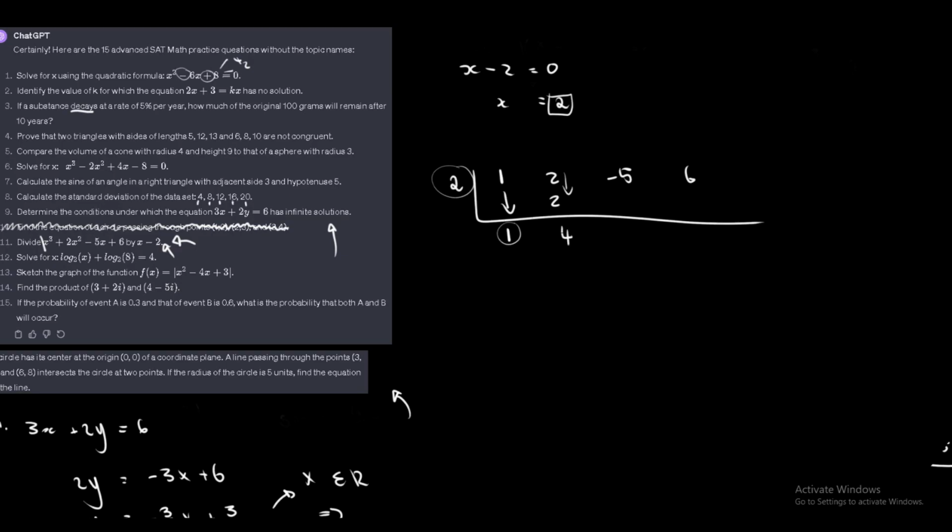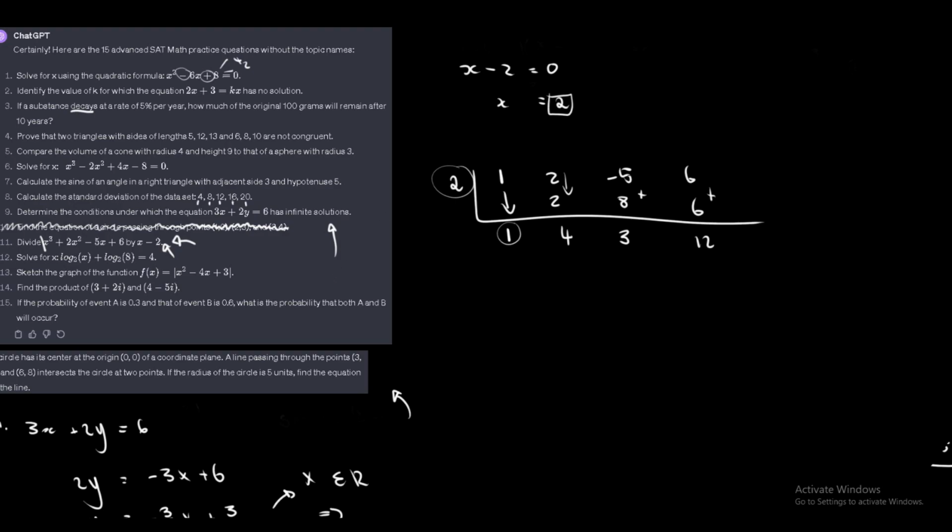Then you want to say 2 times 4 gives me 8. You want to add these together. That gives me 3. And then 2 times 3 is 6. If I add them together, it gives me 12. So I have some remainder. Let me have a double look.